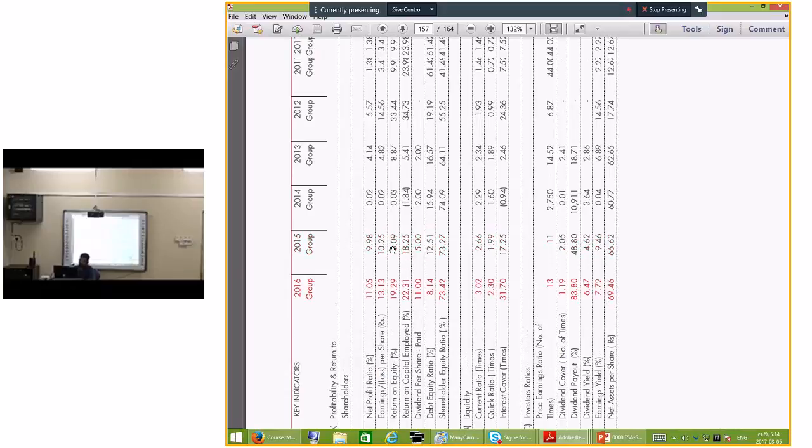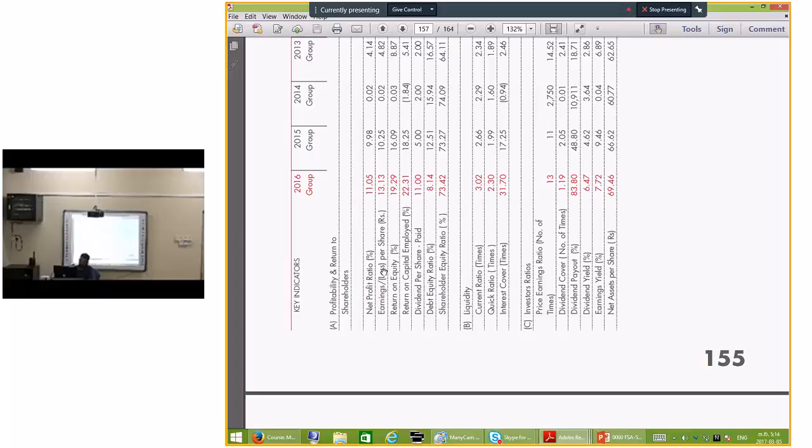Then at that time you calculated net profit ratio, earnings per share, return on equity, return on capital employed, dividend per share, debt equity ratio, shareholders equity, current ratio, quick ratio, interest coverage, price earning ratio. Those are very much important ratios.